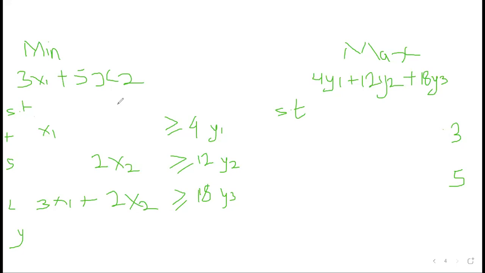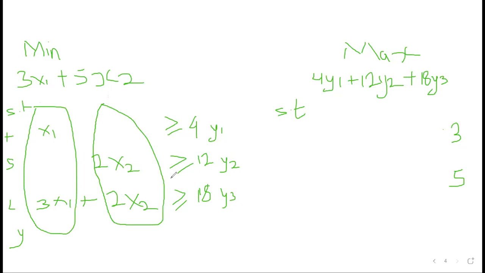Now we are going to write our constraints. This is how the constraint will be. You take that like this in this order. You add this. This will be one constraint. This will be another constraint.